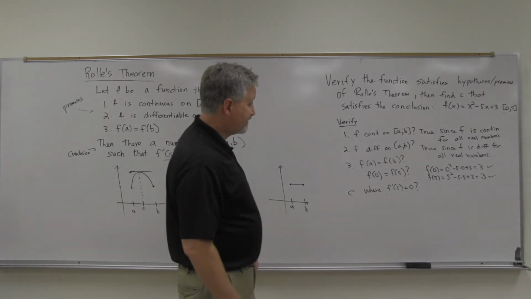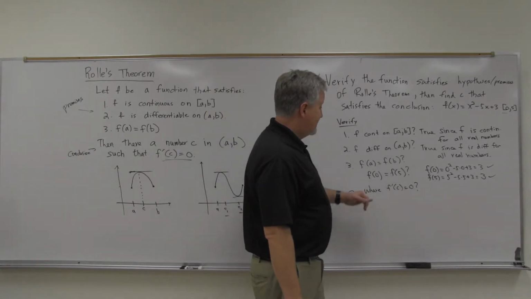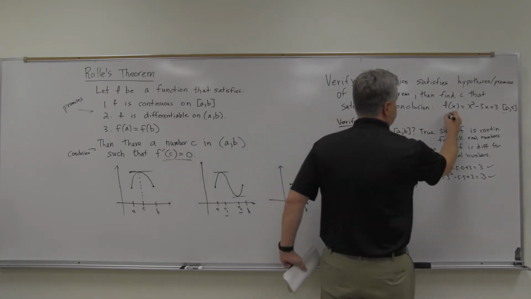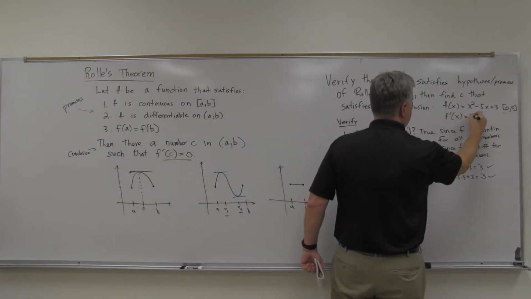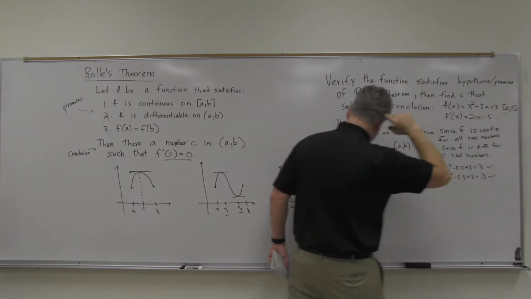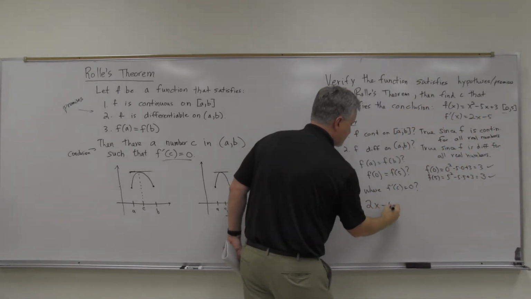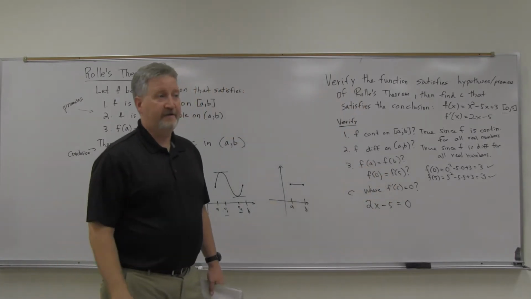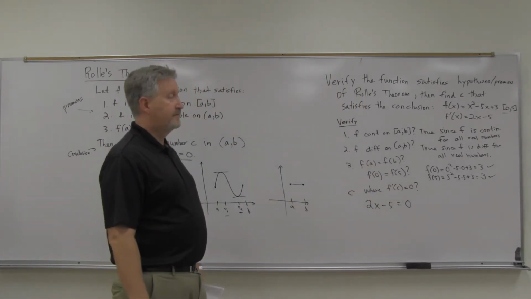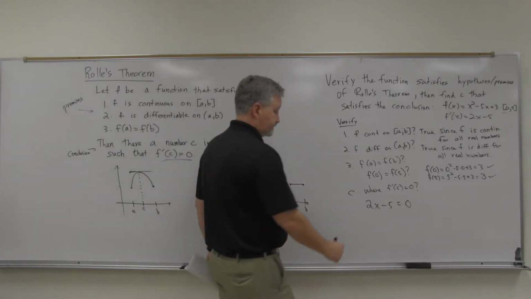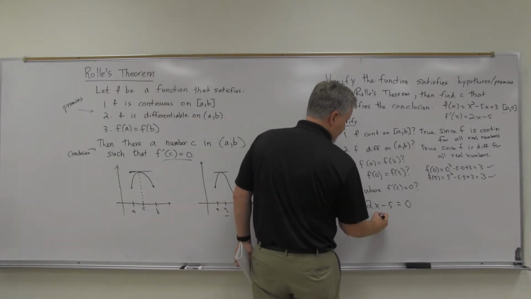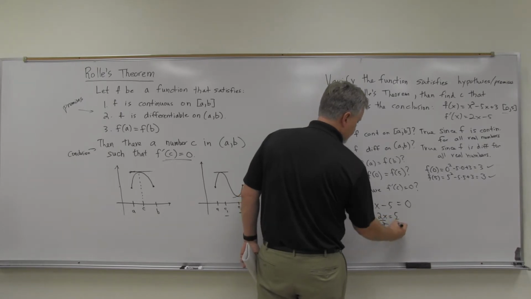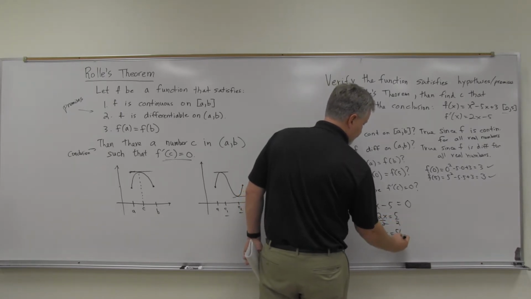Basically like we've been doing several times before, I'm going to get the derivative, which is 2x minus 5. Set that equal to 0, and solve that out. And hopefully we find one that works here. Let's see, so you add 5, and you divide by 2. So you got 5 halves.